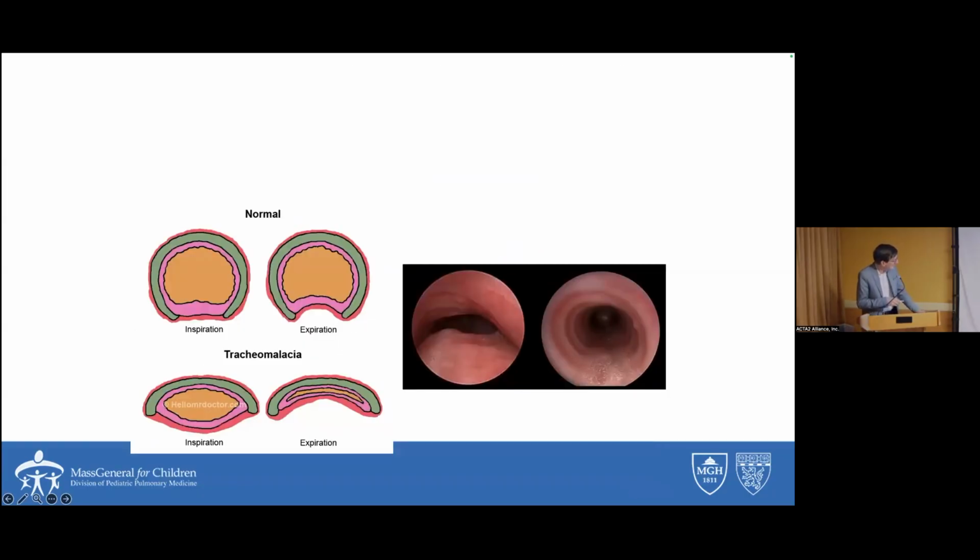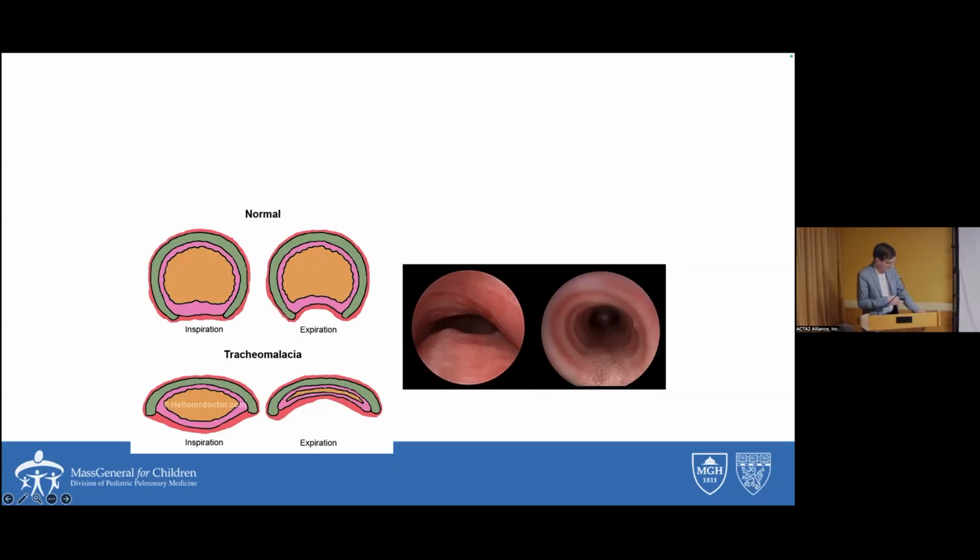That's a normal trachea like this. This is, believe it or not, one of our patients. What happens is you breathe in, it opens up; breathe out, and it collapses. It collapses because the back is too soft and the smooth muscle is not contracting.